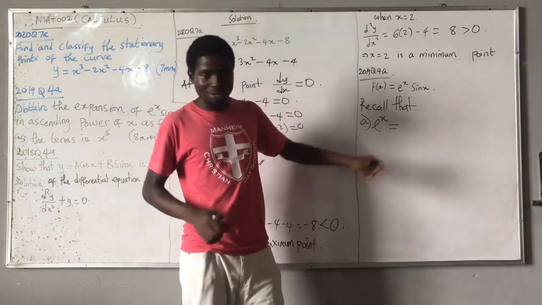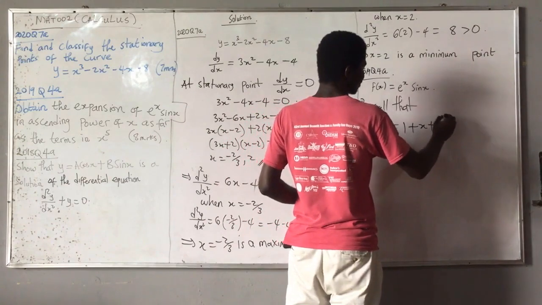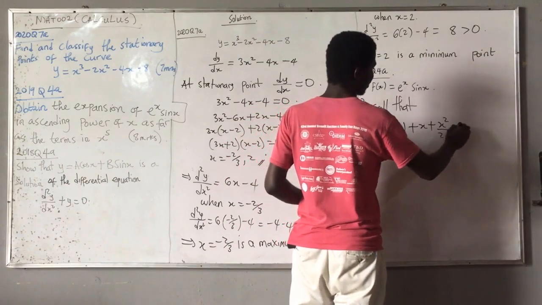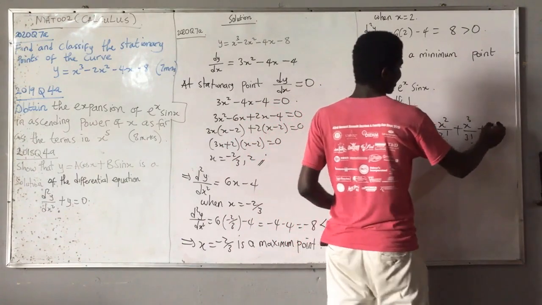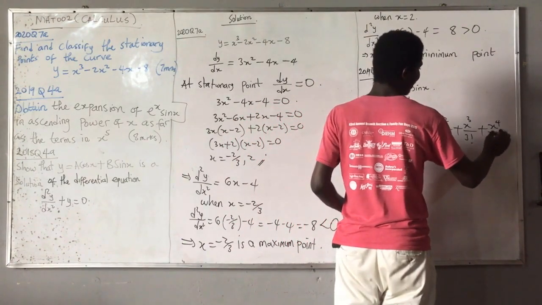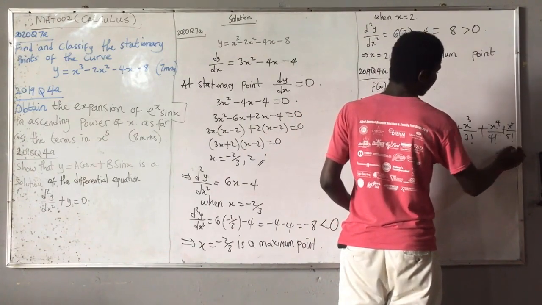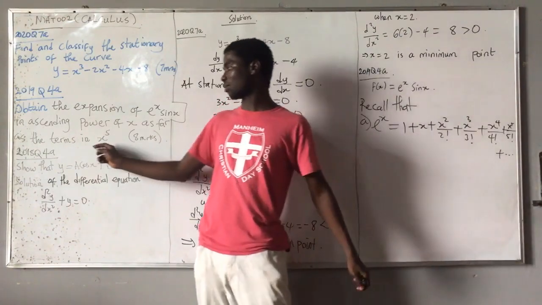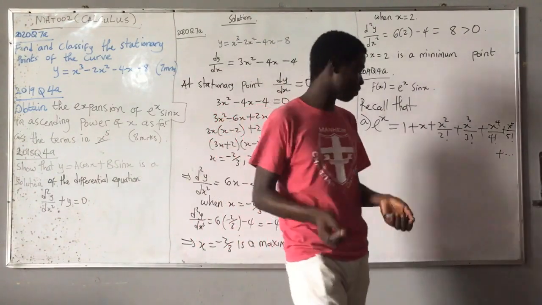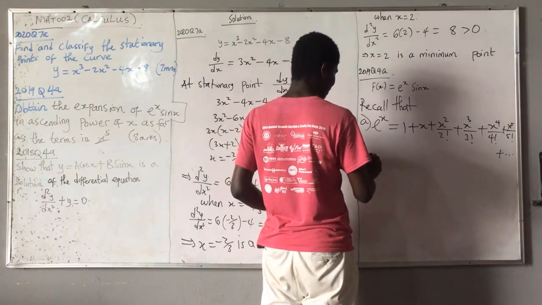The Maclaurin series of e raised to power x is actually 1 plus x plus x squared over 2 factorial plus x cubed over 3 factorial plus x⁴ over 4 factorial plus x⁵ over 5 factorial, and it goes on like that. I stop at x raised to power 5 over 5 factorial because I know that I will expand to x raised to power 5. Now the second one is sin x.